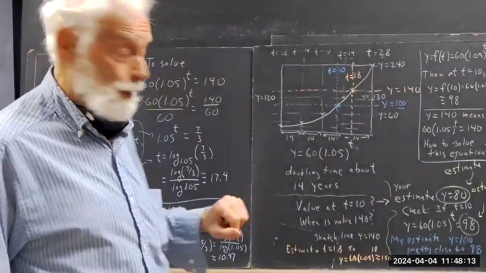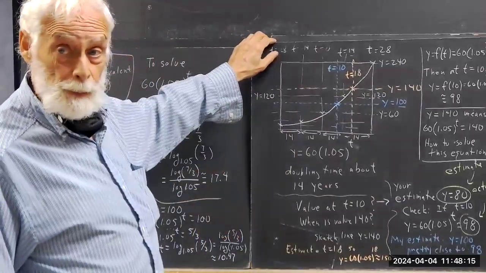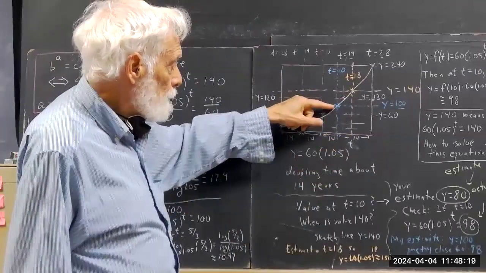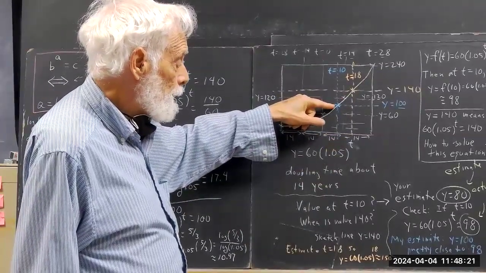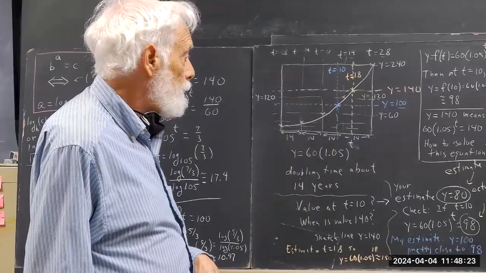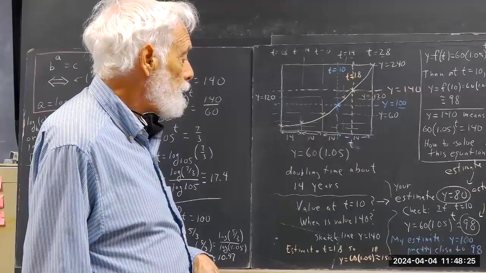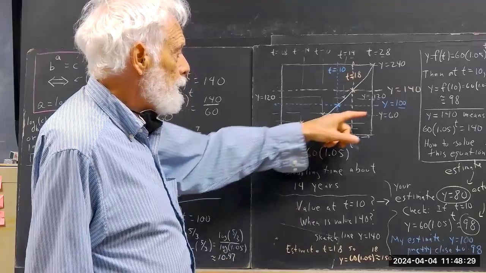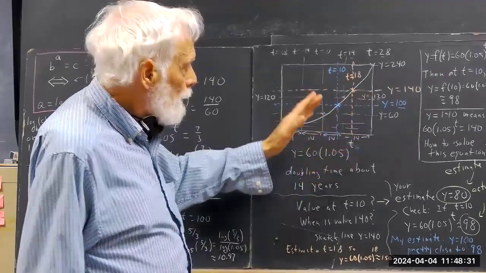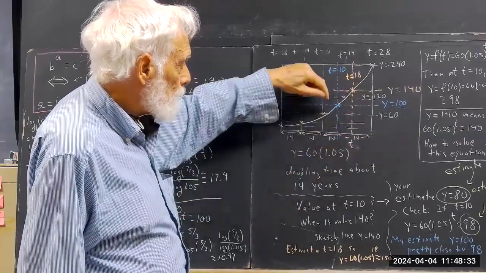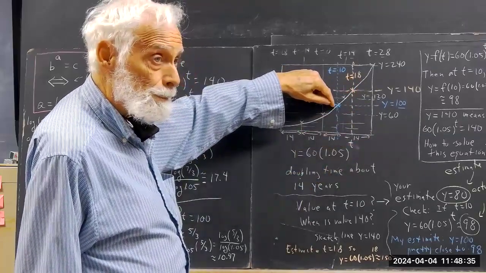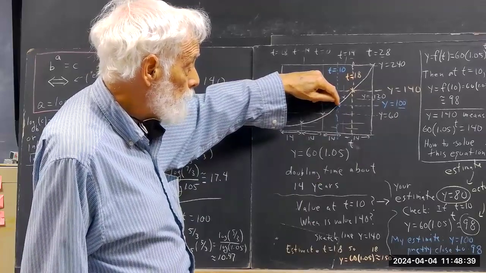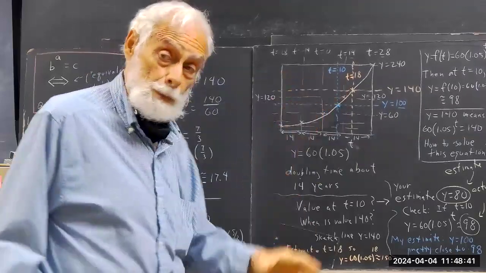Okay. It wouldn't be at 100. The line would be a little bit lower. So to get 100, we'd have to move a little further to the right. This point would be a little bit lower and the curve would have to move just a little further to the right to get up to the curve. Now, you want to think about that.